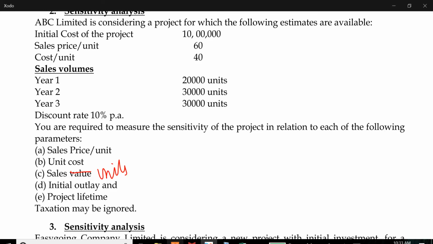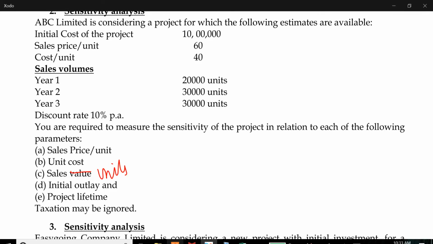If the units change, then both PV of sales and PV of cost will change.